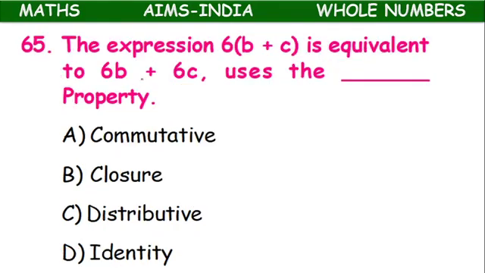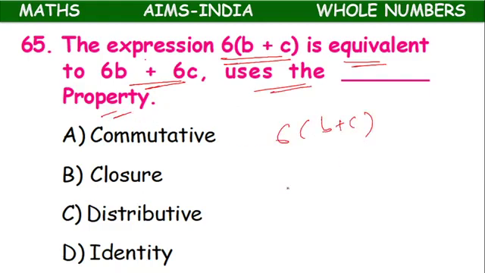Next. So the expression 6 into (B plus C) is equivalent to 6B plus 6C. 6B plus 6C uses the dash property. Here the bracket is there, the into they have not mentioned, but we can keep into there. Here B and C are associated, and we have multiplication and addition.